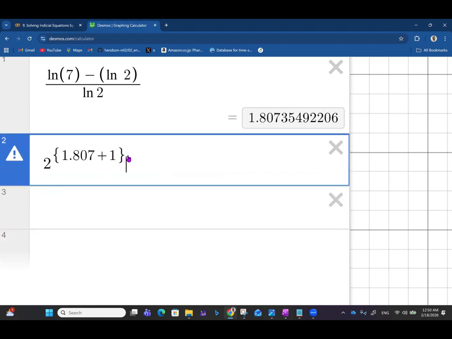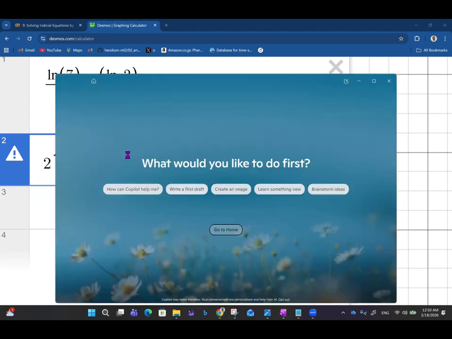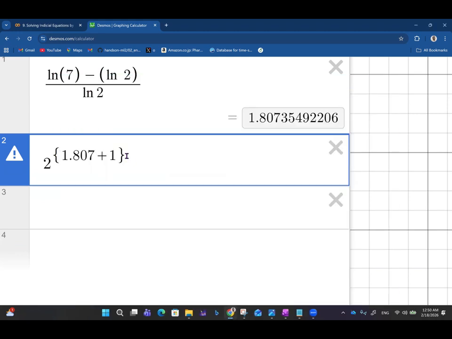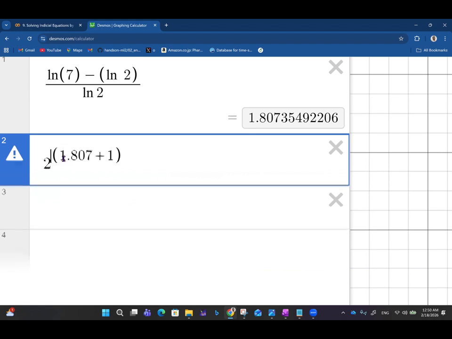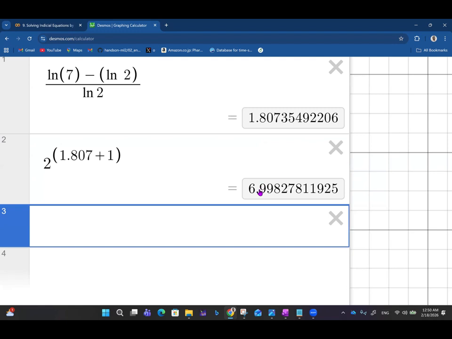Okay, this is not working. So what if I put it in a bracket? Yes. So that's 6.99. To the nearest whole number, it's 7. To the first decimal place, it's 7. To the second decimal place, it's 7. So that actually works. 1.807 does the job.